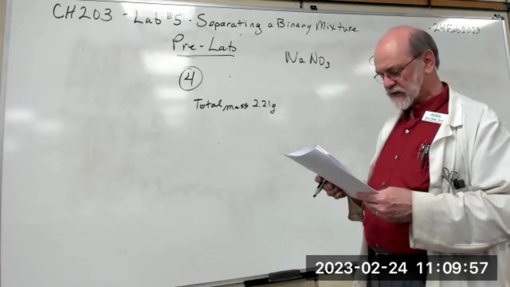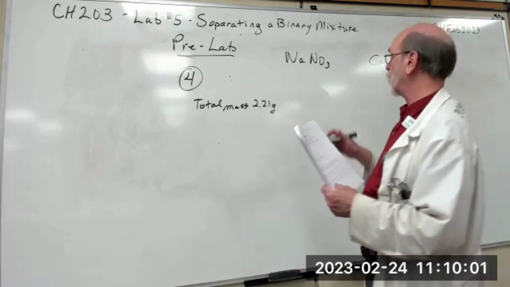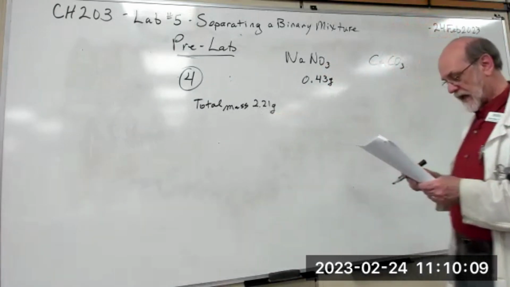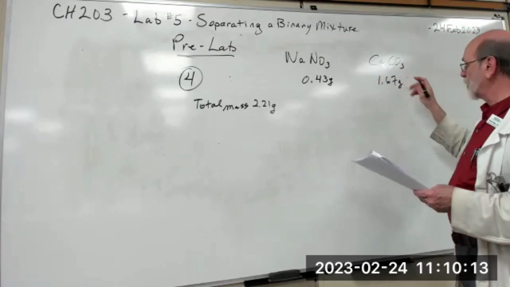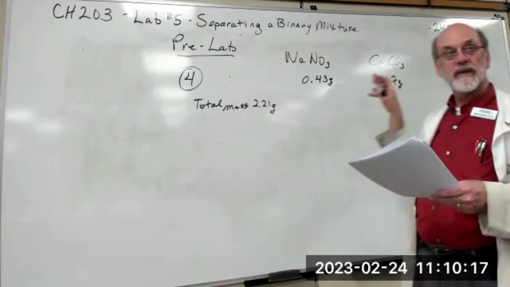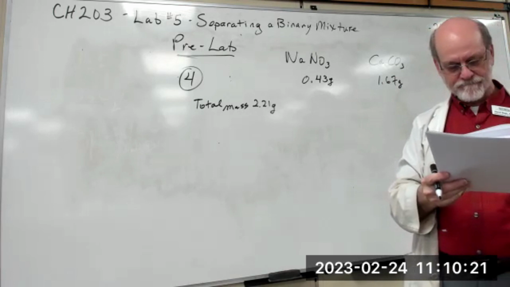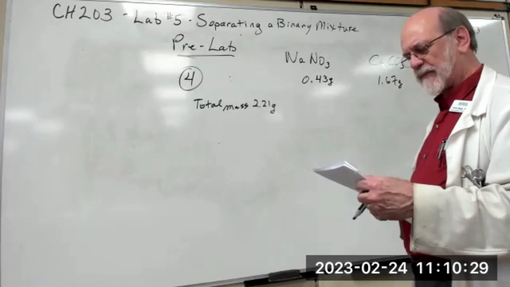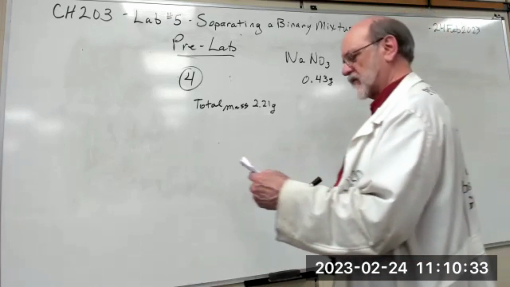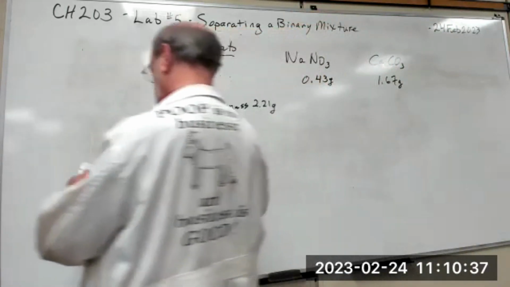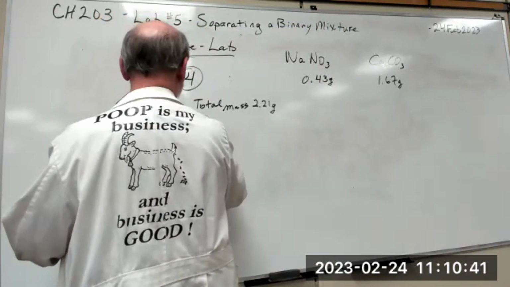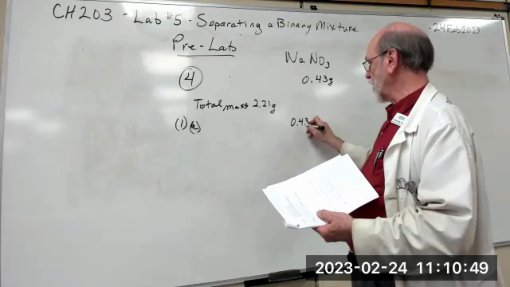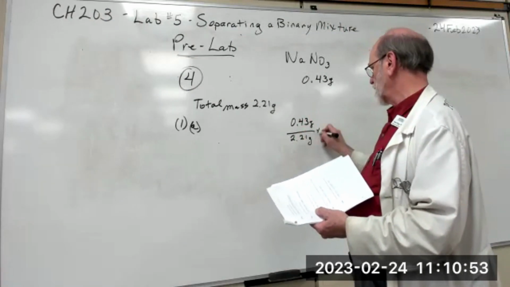After evaporating the filtrate, the student recovered and dried the sodium nitrate and found that it weighed 0.43 grams. So 0.43 grams was recovered from this sample, and 1.67 grams was recovered from the filter paper. All right, so the next page says, on the basis of the mass of the sample used, calculate percent sodium nitrate in the mixture. 1A, calculate the percent of sodium nitrate in the mixture: 0.43 grams per 2.21 grams times 100.